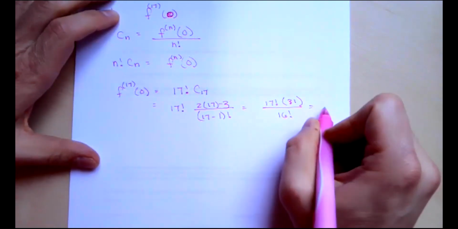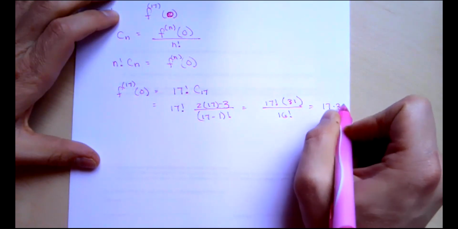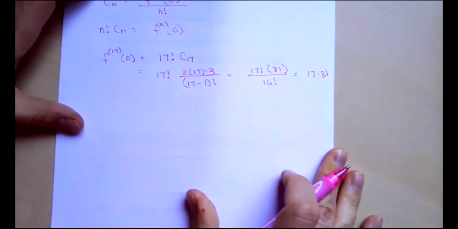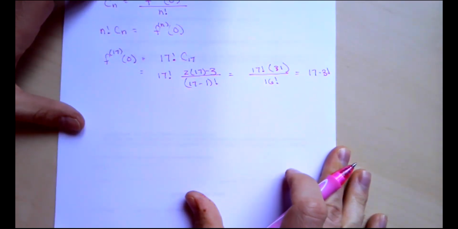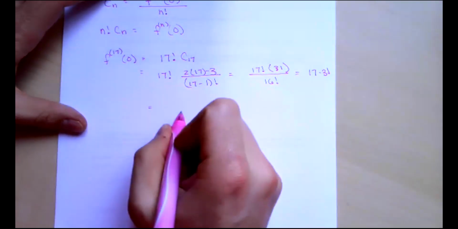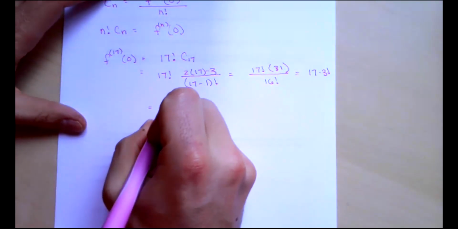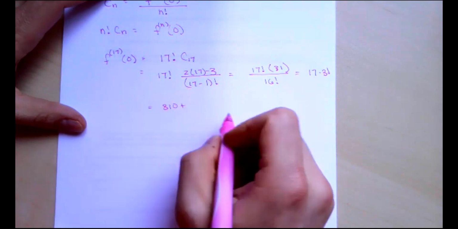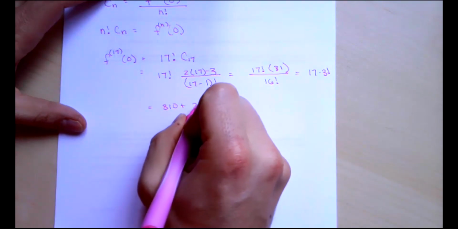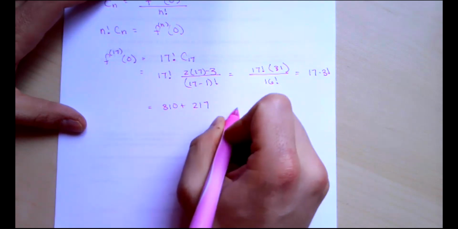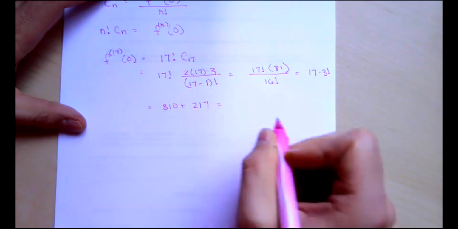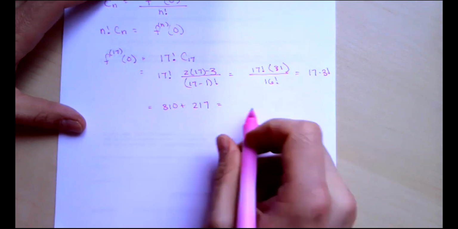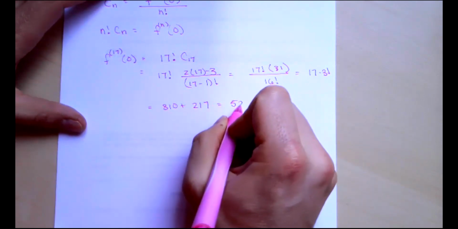And so we will get 17 times 31. And then I guess if we wanted to multiply that out, what is that? 310 plus 7 times 31, 217. So what do we get? 527.